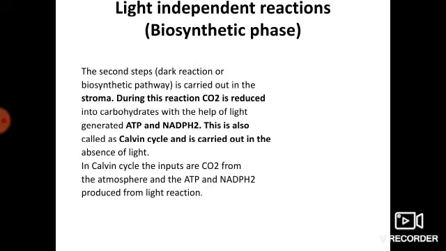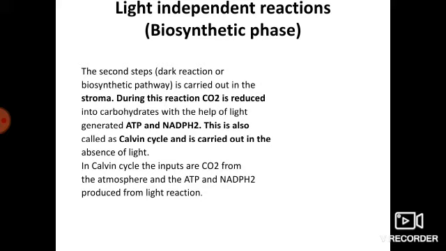The next process is light independent reaction, otherwise called biosynthetic phase or dark reaction or Calvin cycle. This reaction is carried out in the stroma of the chloroplast. During this reaction, carbon dioxide is reduced into carbohydrates with the help of the light generated ATP and NADPH2.